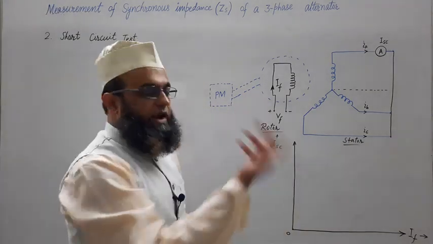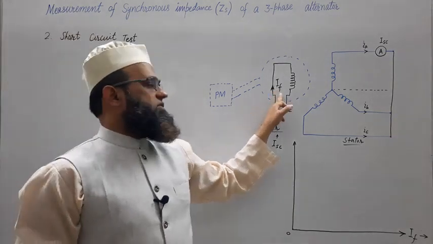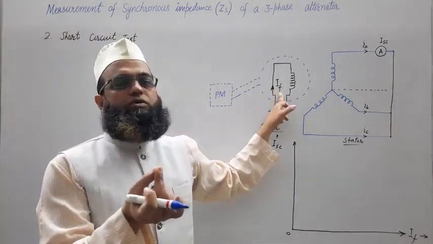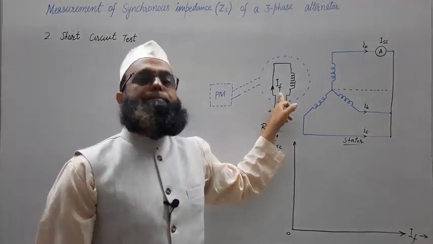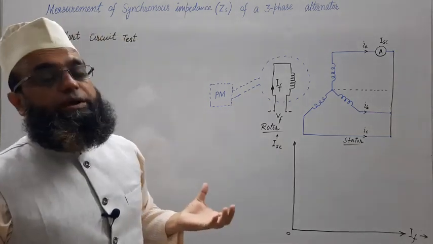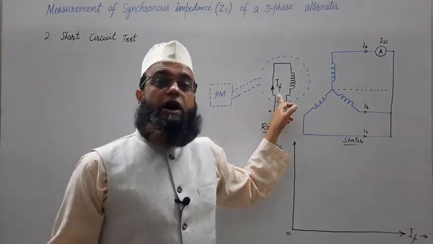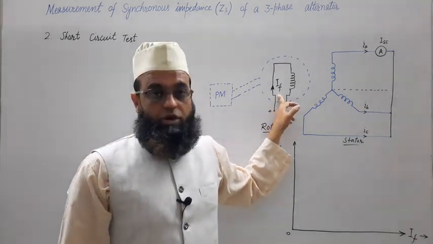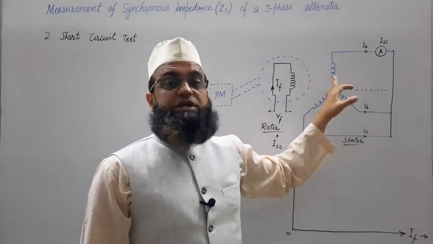The rotor is running at synchronous speed and the field current is varied from 0 to some higher value in small steps. Care should be taken that the field current does not exceed the value which gives rated armature current.